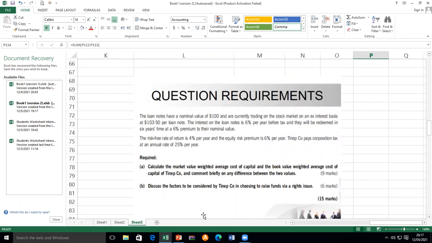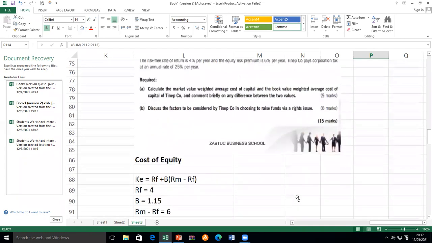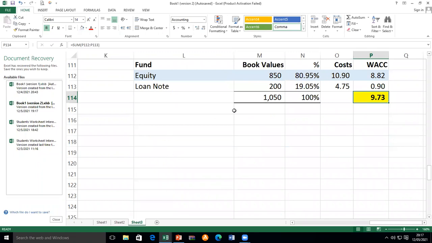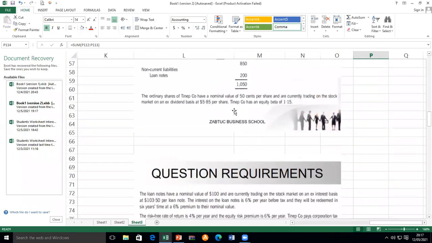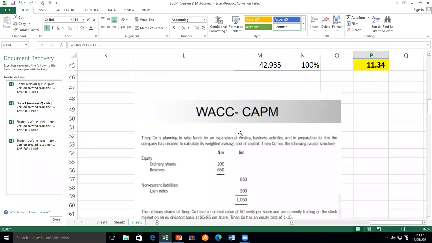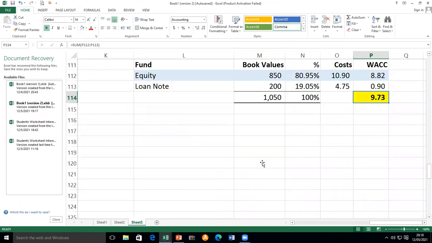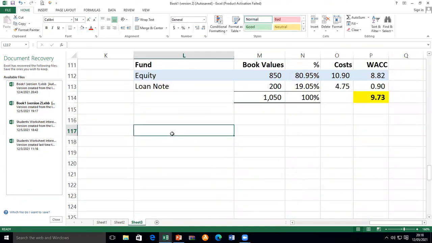Discuss the factors to be considered by the company choosing to raise funds via a rights issue. What are the factors to be considered? Rights issue. What factors do you consider? Tax.